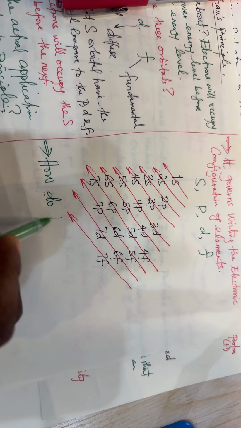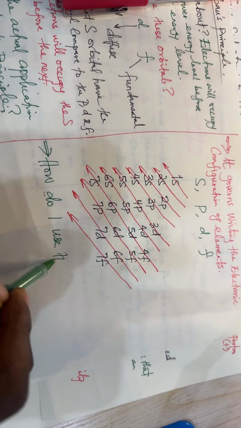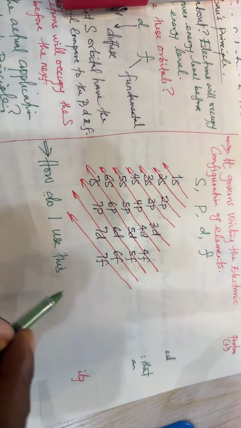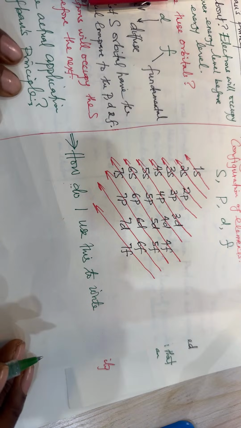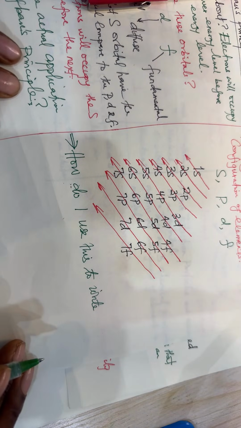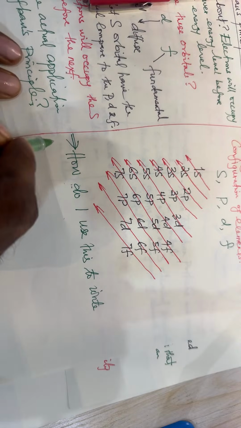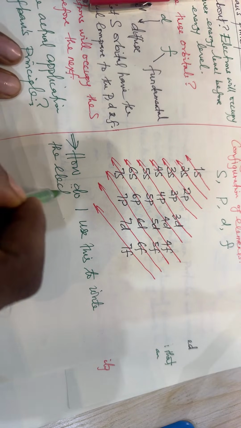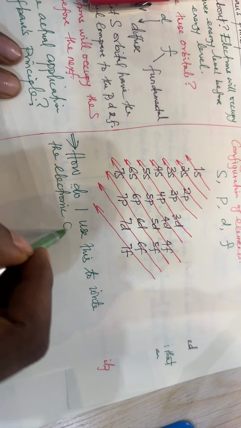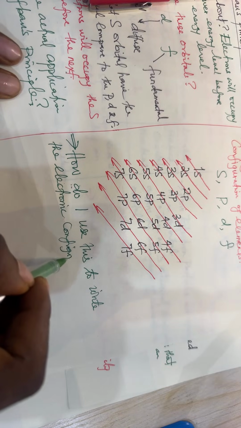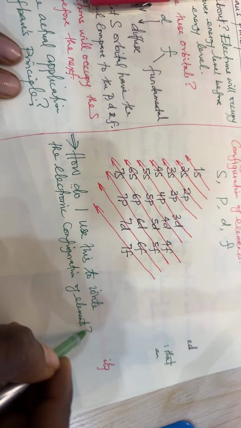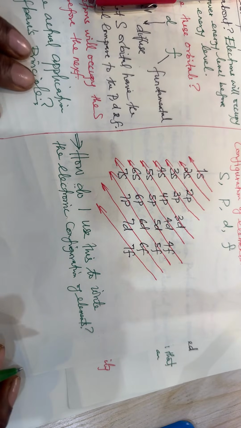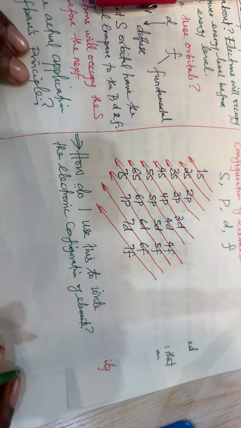How do I use this stuff I have arranged like this to write the electronic configuration of elements? That's the big question.